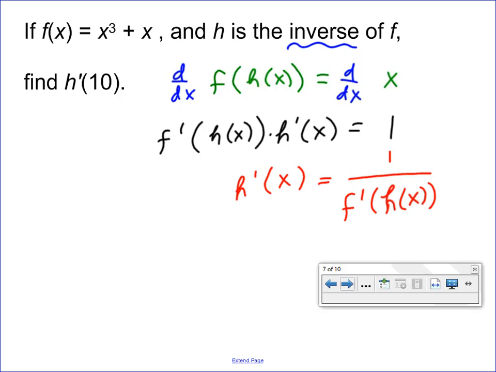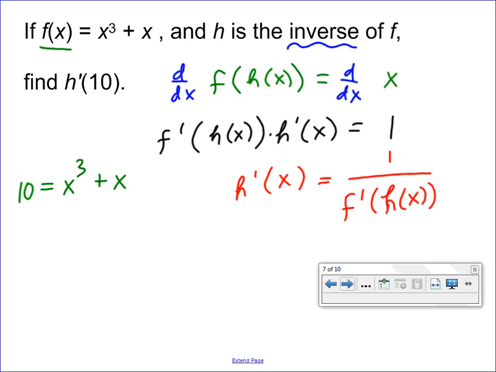I'm trying to evaluate h prime of 10. And so 10 would be a y-coordinate on f. If I could figure out an x-coordinate that corresponds to that y-coordinate 10, then I know what h of 10 is.